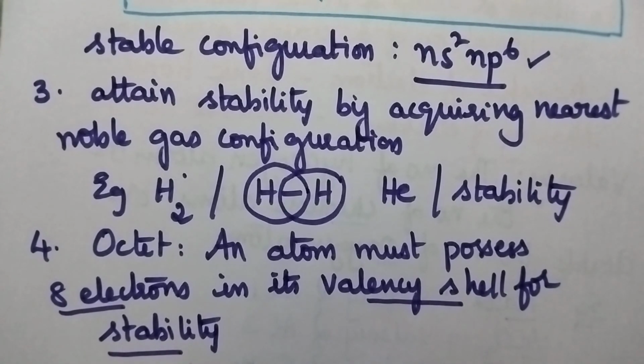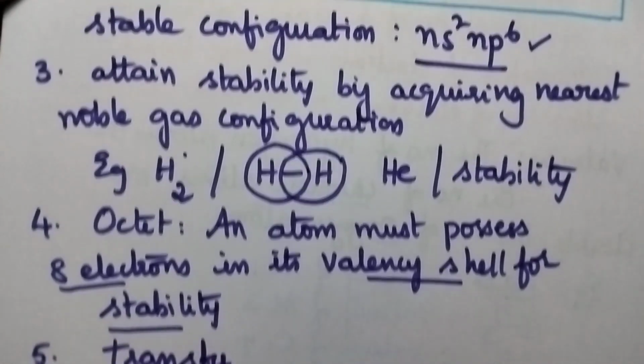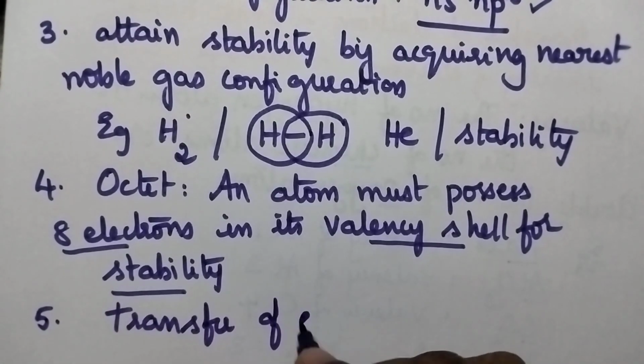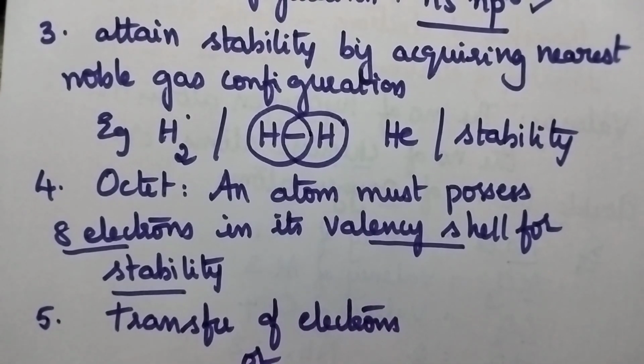So for that stability, all the atoms except noble gases will attain stability by acquiring the nearest noble gas configuration. Especially these 8 electrons are attained by any atom either through transfer of electrons or by sharing of electrons.